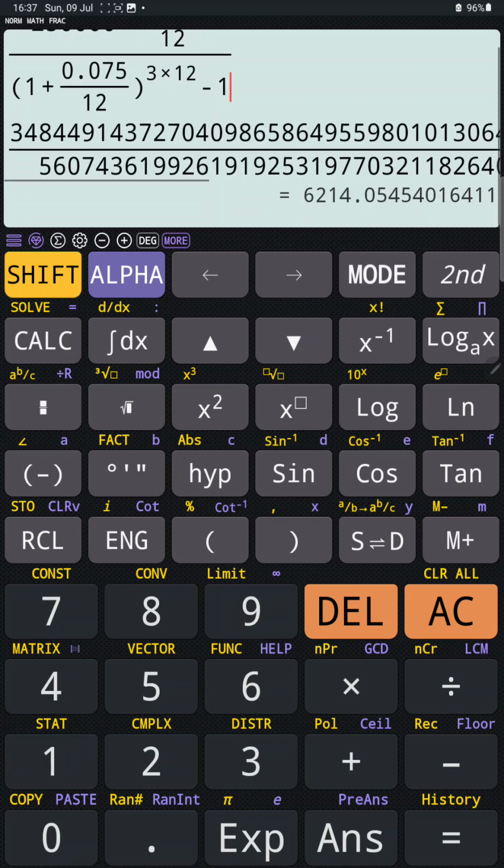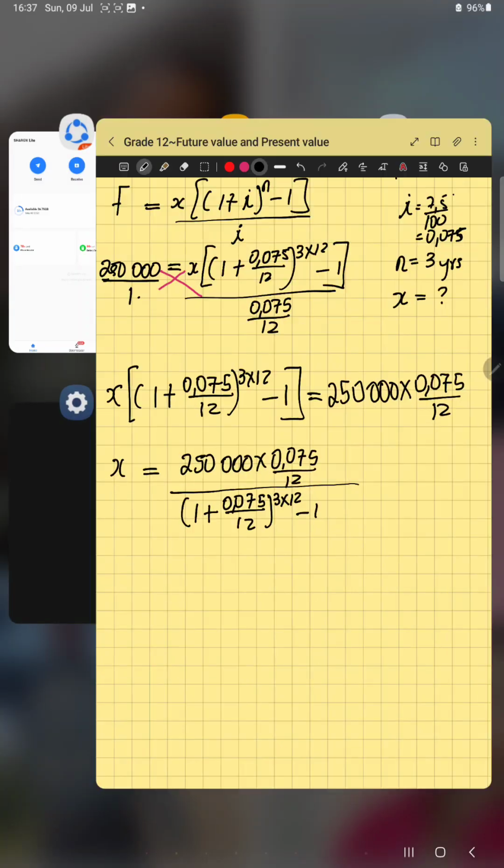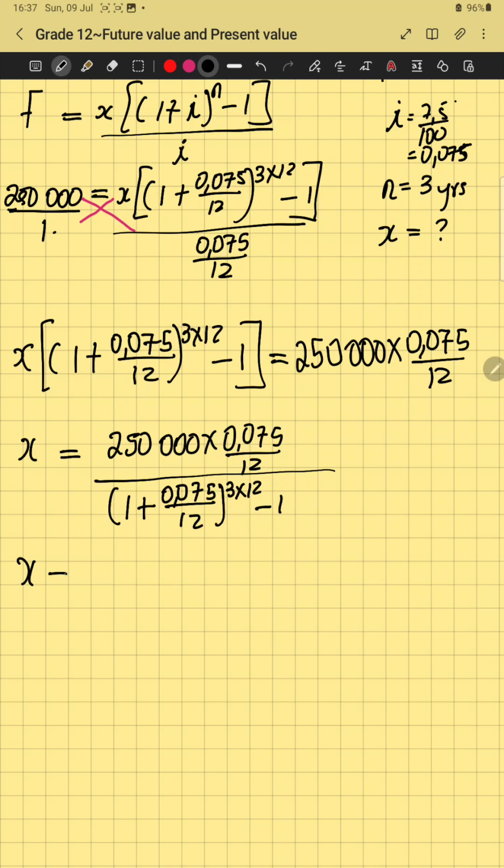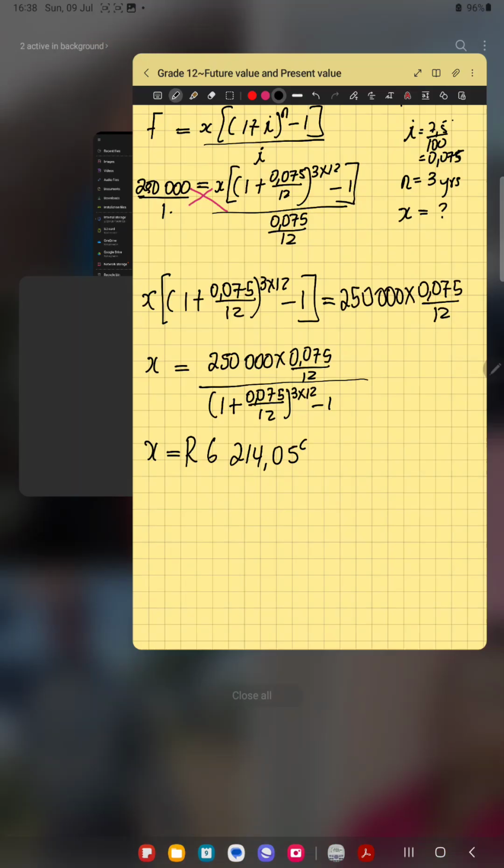Yes, perfect. Now the answer is 6,214 rand and 05 cents that the company needs to invest each and every month. This is the amount that the company needs to invest. Let me just confirm if I've copied everything correctly.